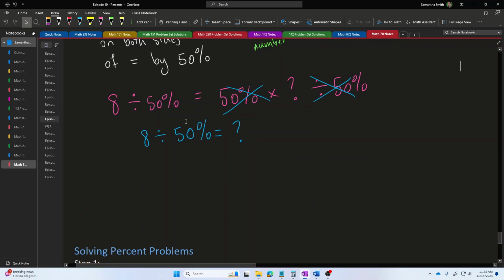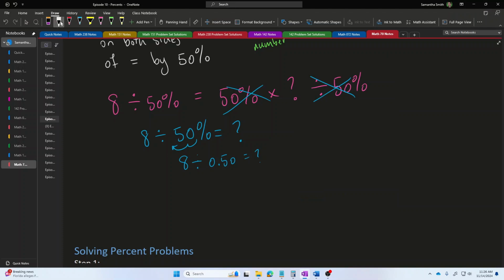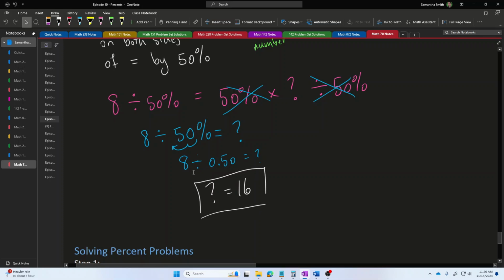So now all I have to do to get the value of the unknown number in this question is to complete this division that I've written here on the left side. 8 divided by 50%, or 8 divided by 0.5 as a decimal number. If I do that, for example, in the calculator, 8 divided by 50% is 16. Let's check this makes sense as an answer to the question.